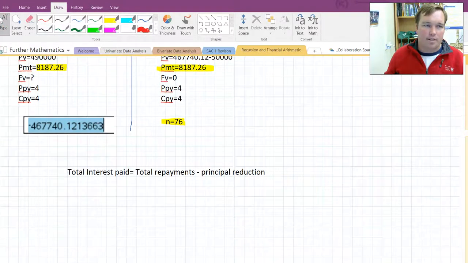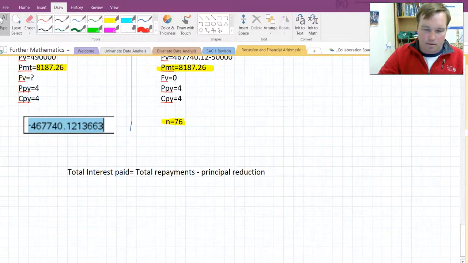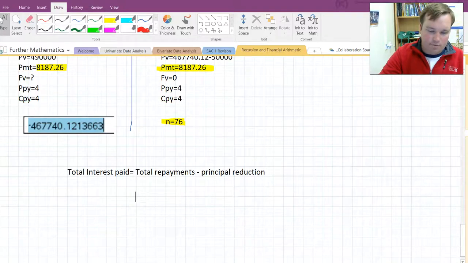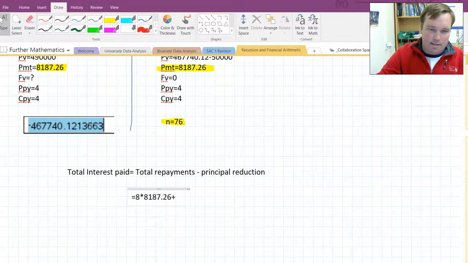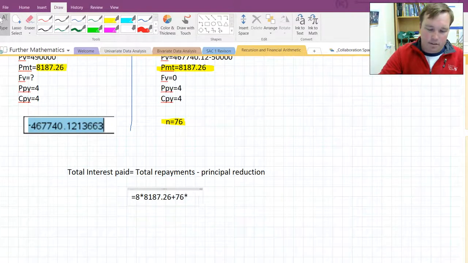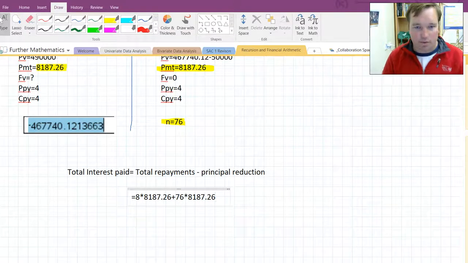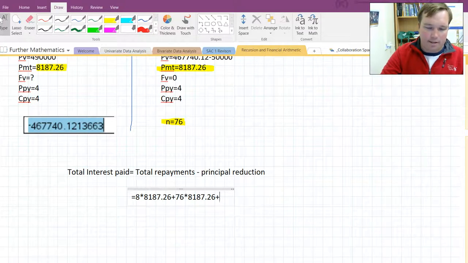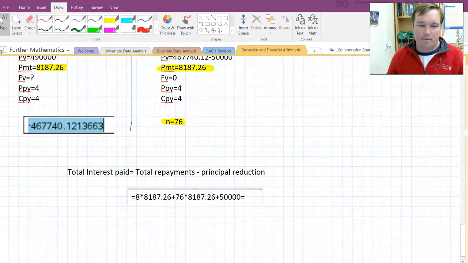So there is 8 times 8187.26 plus 76 lots of payments that are after the 50 grand payment. And clearly you could combine those two into 84 lots plus $50,000. That's the total repayments made.